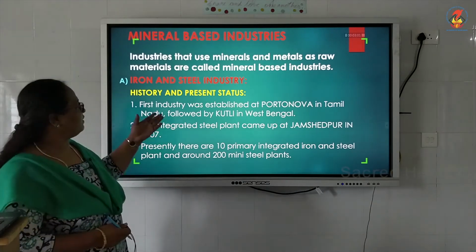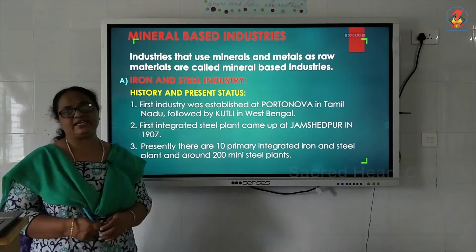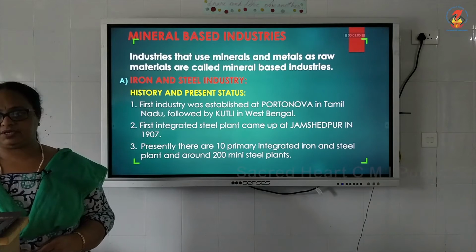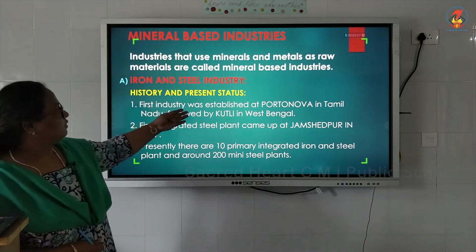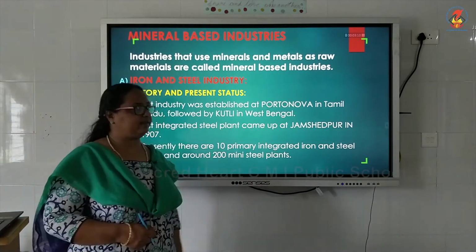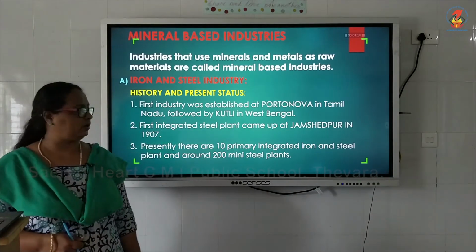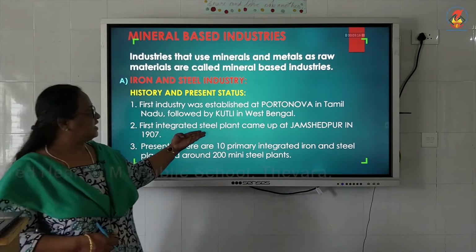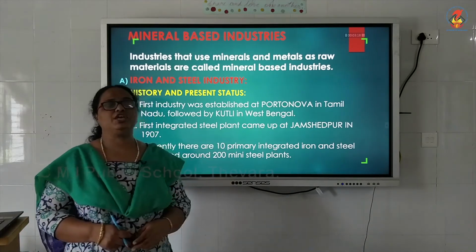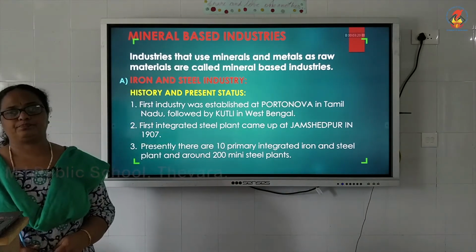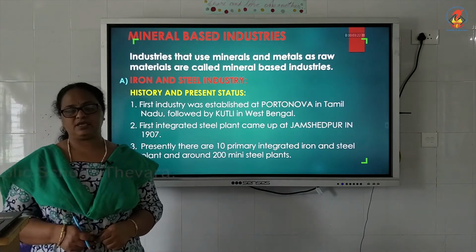This is some of the history and present status of the iron and steel industry. I repeat, first established in Porto Novo in Tamil Nadu, followed by Kulti in West Bengal, then the first integrated steel plant came in Jamshedpur in 1907.